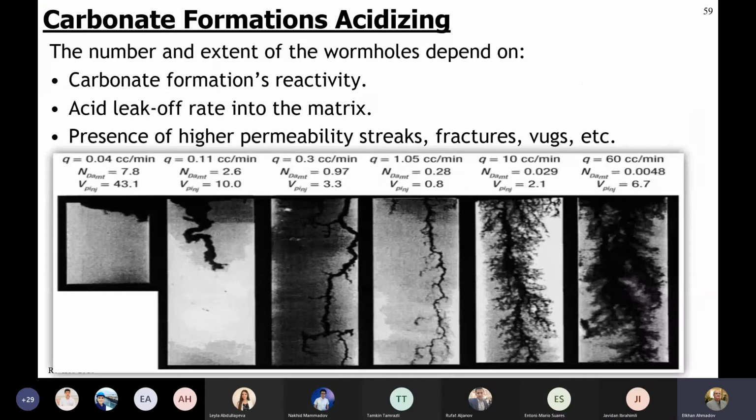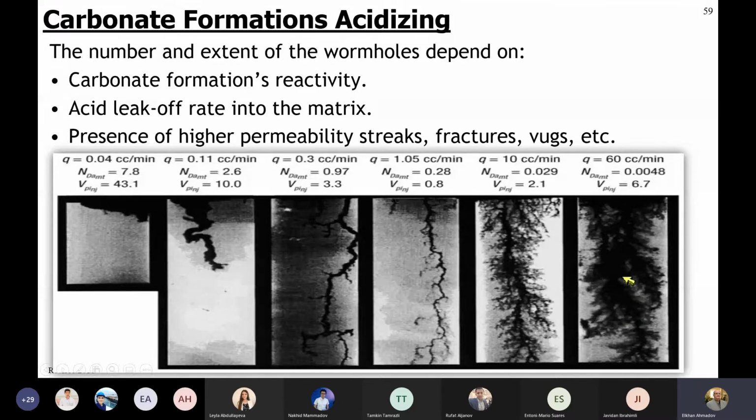And this is again experimental, laboratory test results for carbonate acidization, showing the relationship between injection rate and volumes. The injection rate and volumes affect the creation of a dense channel system or wormhole system around the wellbore.